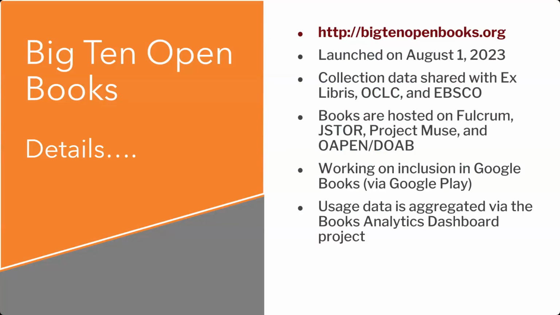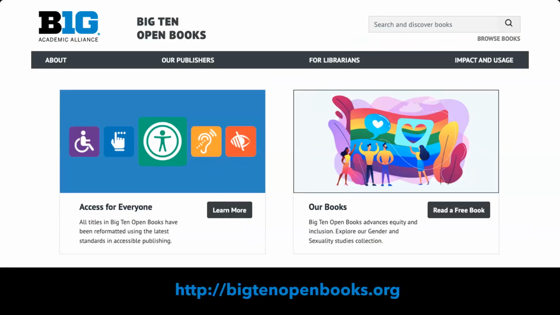And the usage data is actually aggregated via the Books Analytics Service dashboard. And I am putting into the chat the link here. Could I have the next slide, please? So this is just an image of the collection landing page. Next slide, please.